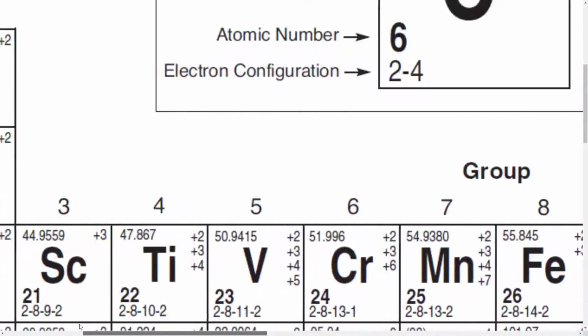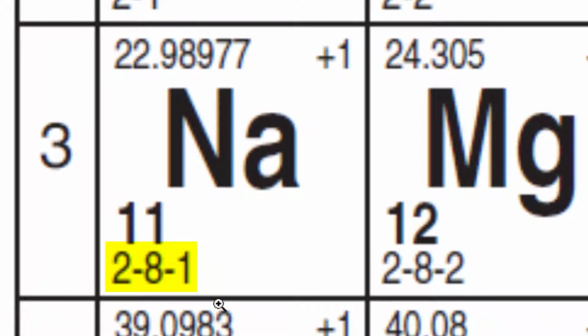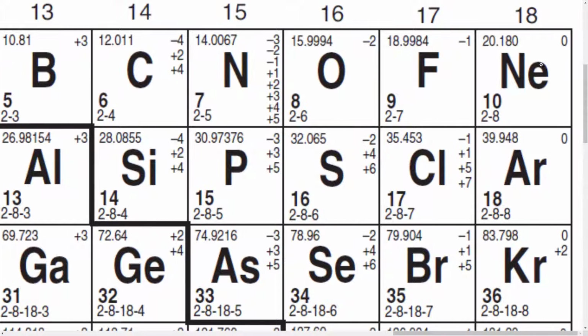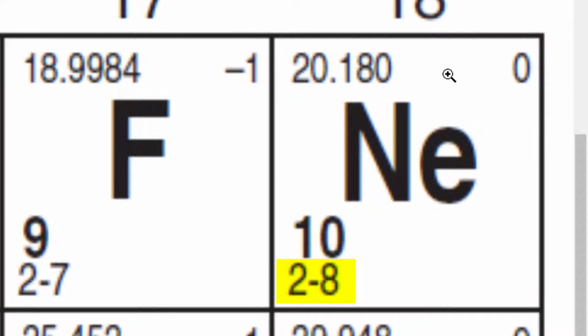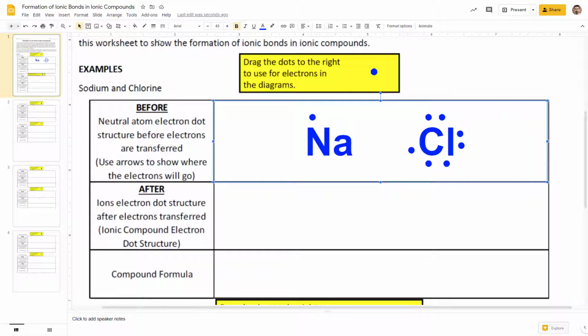For sodium, sodium is 2, 8, 1. It loses an electron to get the same configuration as neon, which is 2-8. So that means that we can say the electron from the sodium transfers over to the empty spot in the chlorine. That's where it's going to go.